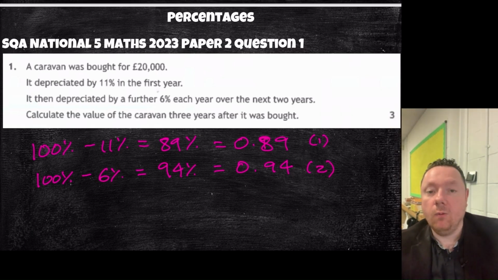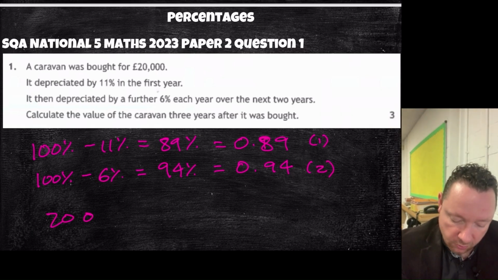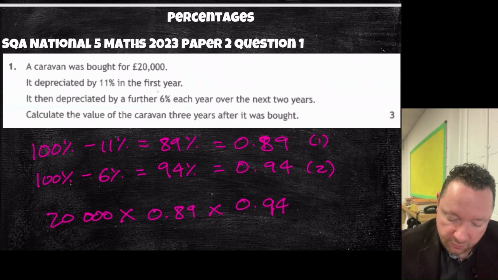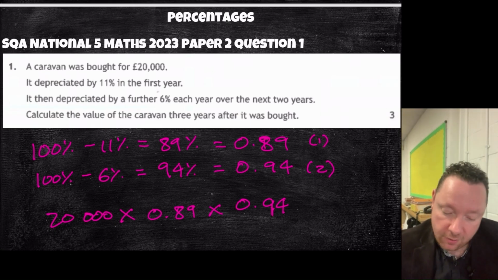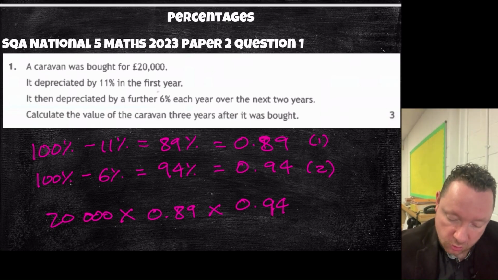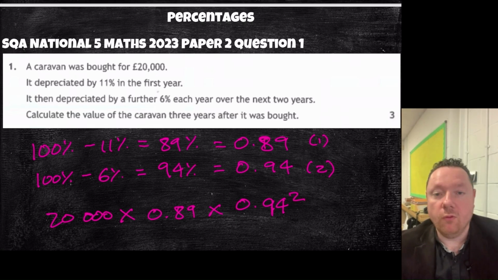So then we start with our money, £20,000 times the first multiplier, 0.89, times the next multiplier, 0.94. But one of them's got a power. The first one's just 1 year, so it's just power of 1. The next one is 2 years, so it's the power of 2. And then we can do all that in our calculator.